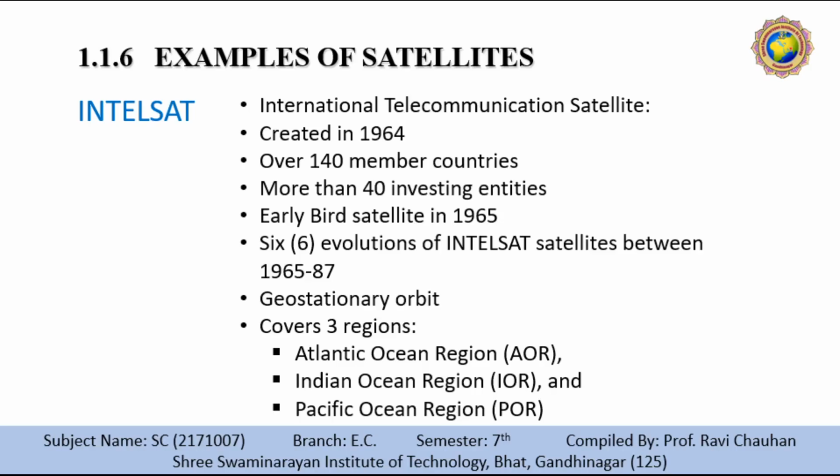The Early Bird satellite was launched in 1965. Six evolutions of international telecommunication satellites were launched between 1965 and 1987. They use a geostationary orbit, as you have already seen. This covers three regions: the Atlantic Ocean region, the Indian Ocean region, and the Pacific Ocean region.